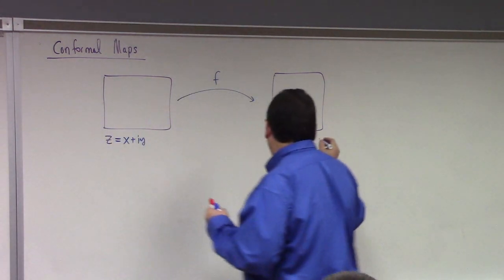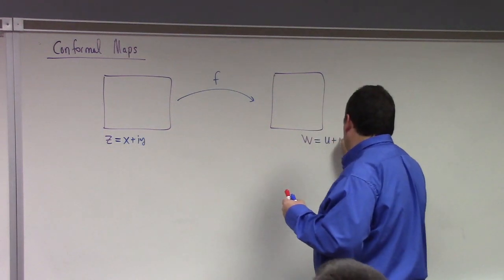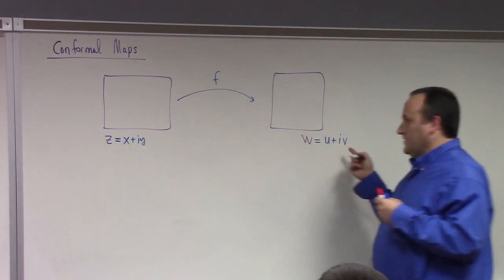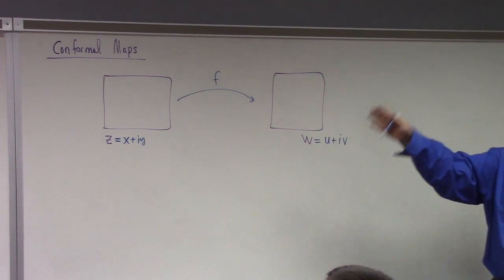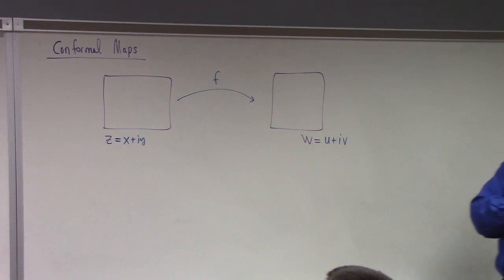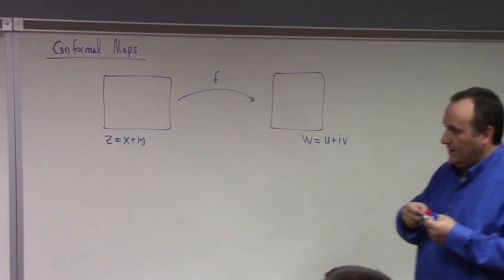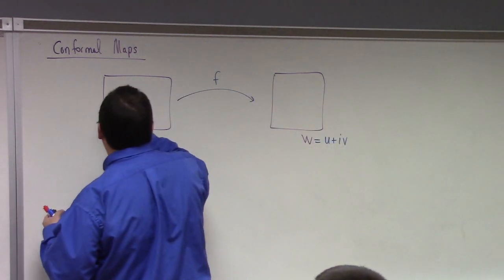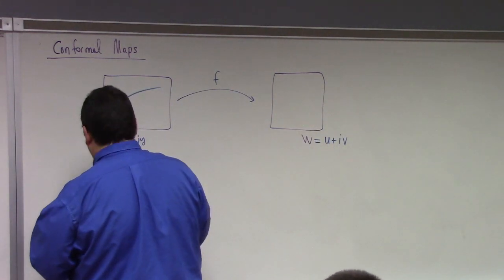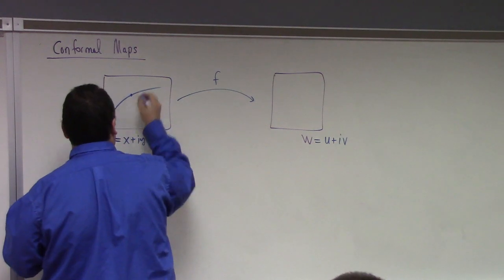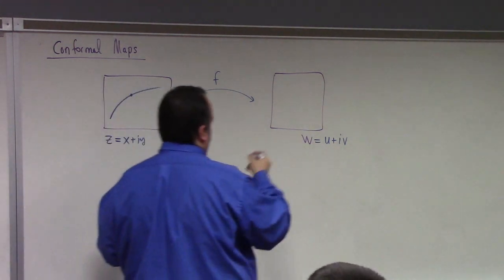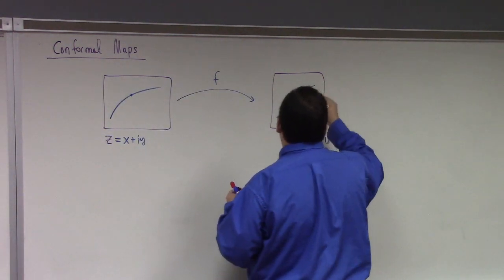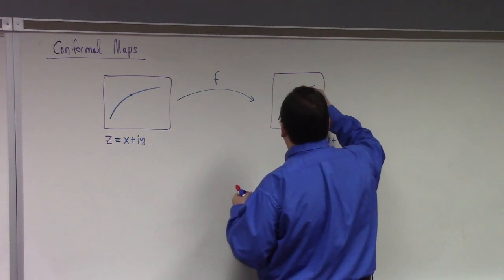And over here we've got the w-plane, where we usually use w equals u plus iv. The domain, the range. And so we can take a path here, and we can pick a point like that. And then over here, it will give you another path.